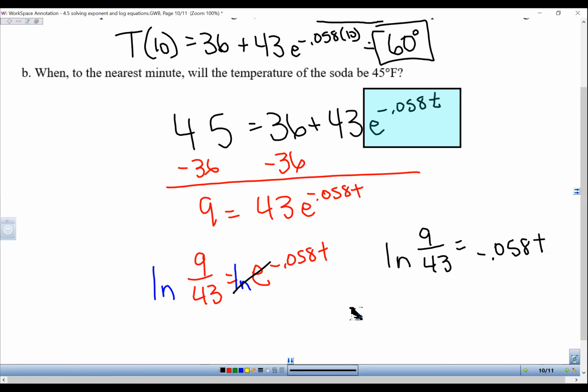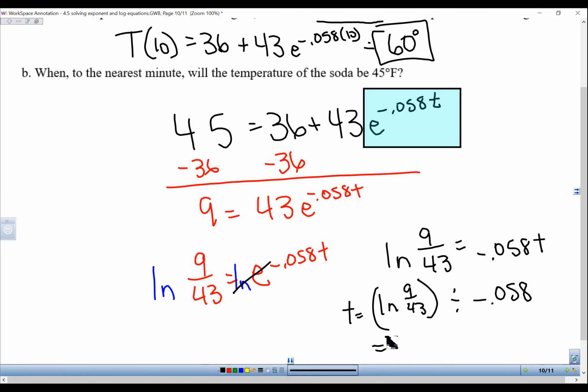So t is going to be equal to the natural log of 9 over 43 divided by negative 0.058, because we're going to get rid of this negative 0.058. Divide that on both sides. So make sure you put the natural log of 9 over 43 in the calculator correctly.